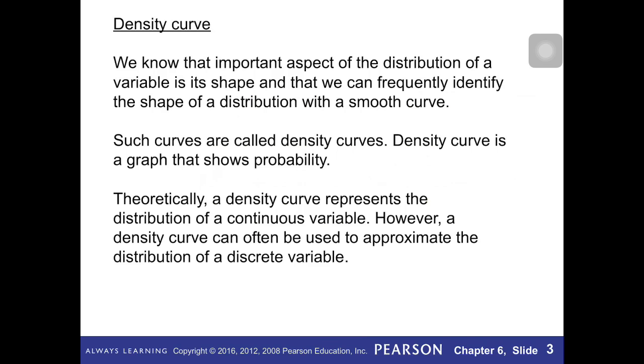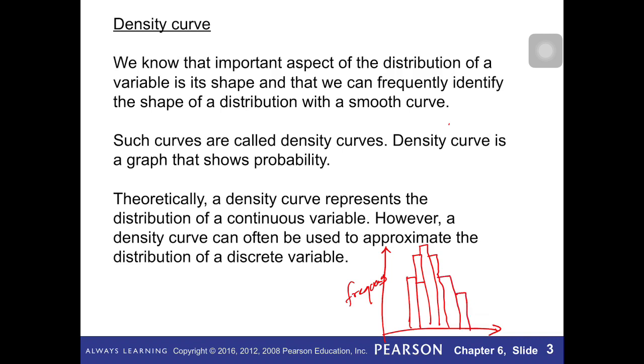As you remember, if we draw a histogram, then we can draw this kind of smooth curve. I'll show it here. If I draw a histogram, here it is the frequency. The histogram would look like this. This is an example histogram.